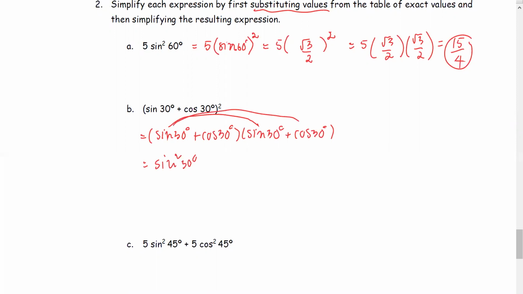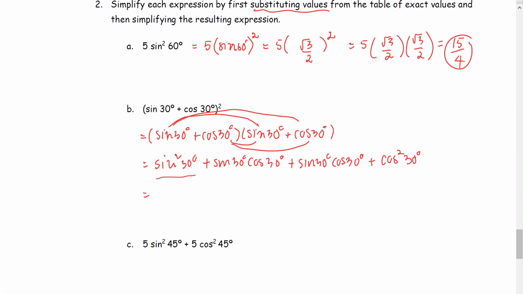And sine times cosine, sine 30 degrees, cosine 30 degrees, the same as the inner times inner function. So we get another sine 30 degrees times cosine 30 degrees. And then the outer and outer function gives us cosine squared of 30 degrees.